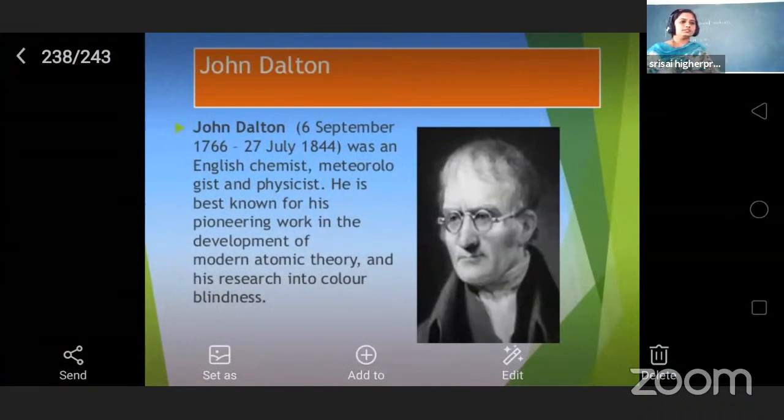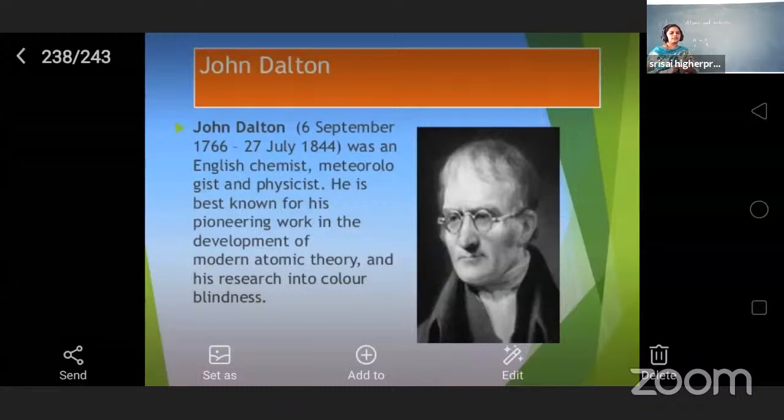You see this scientist, John Dalton. Who is this? John Dalton. He was an English chemist, meteorologist, and physicist. He is best known for his pioneering work in the development of modern atomic theory.